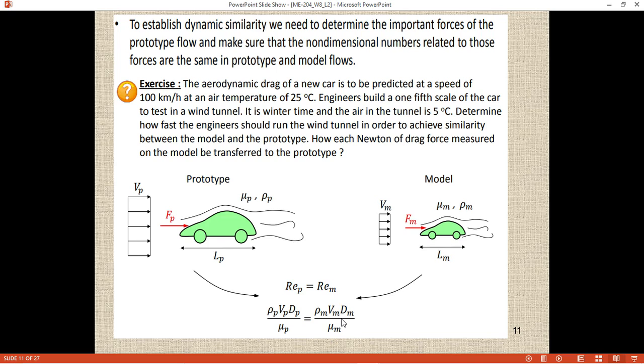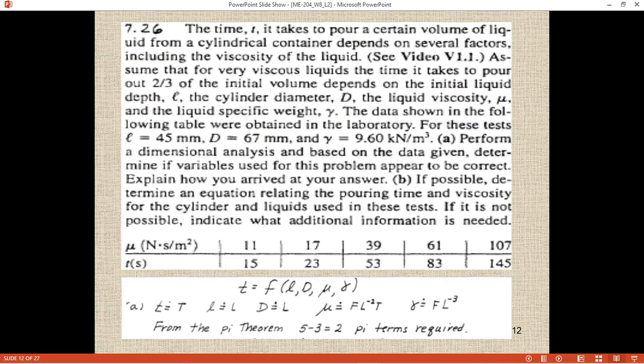We can separate the ratio because the length ratio is given as 1:5. If the length ratio is known, we can determine the velocity ratio. If the velocity ratio is known, you can easily determine the dynamic ratio, which we have discussed previously. So let's solve some problems to clear the concept.